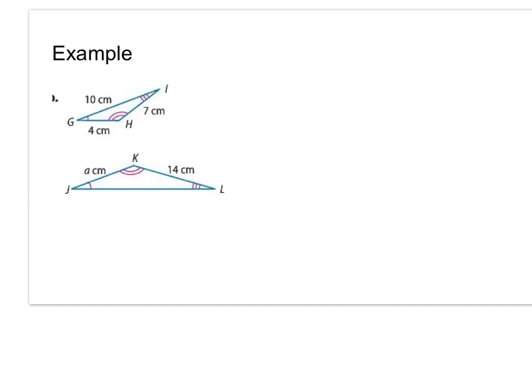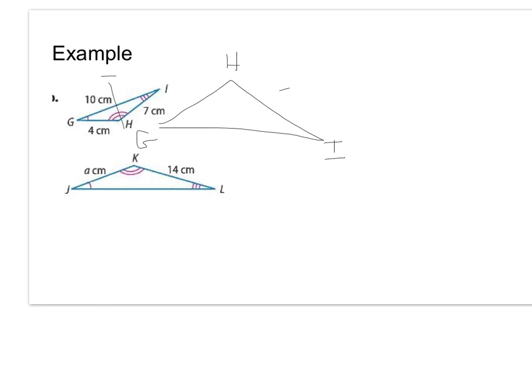So if we redraw this triangle, your H is going to be on top now. If we just flip it up, your G would still be over here and your I would still be over here.